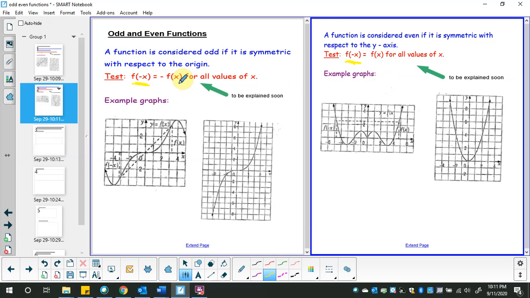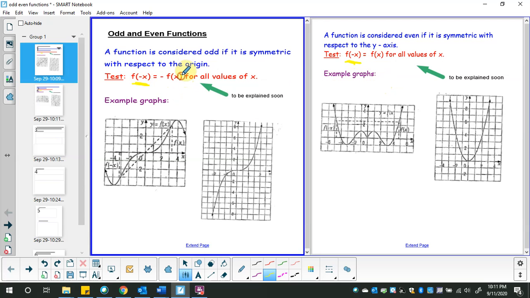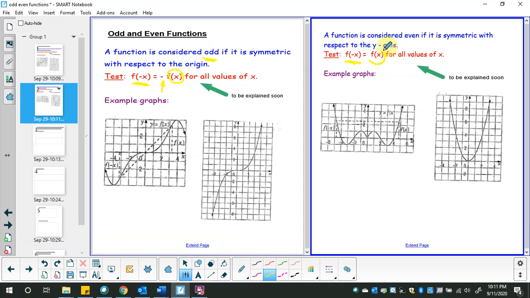Then, if the result ends up as the original, but all negative, then you have an odd function. If the original, after you sub in negative x, ends up not changing at all, then you have an even function. And if it doesn't fit exactly into one of these categories, then you have neither.